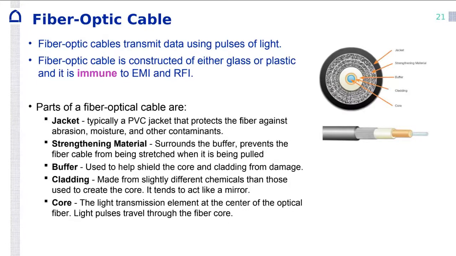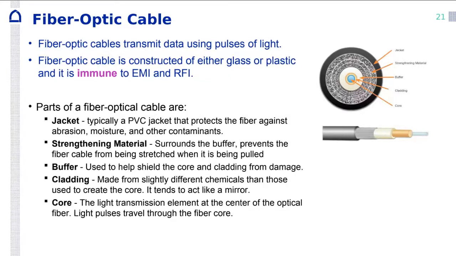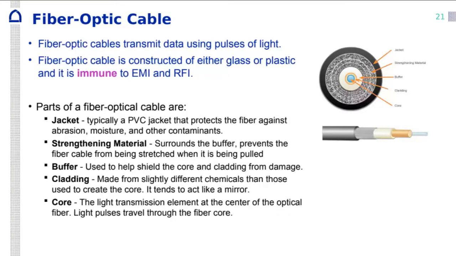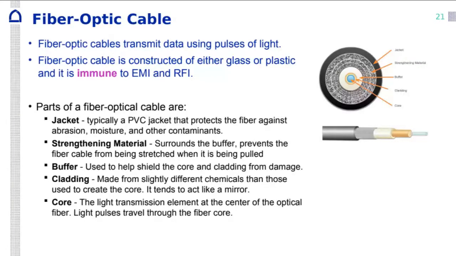Fiber optic cable, they transmit data using pulses of light. It is constructed of either glass or plastic, and it is very immune to EMI and RFI because it's light. Parts of the fiber optic cable are, we have the jacket. This is the jacket outside. The jacket is usually made of PVC, like plastic, for protection.